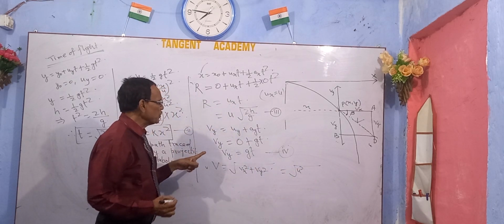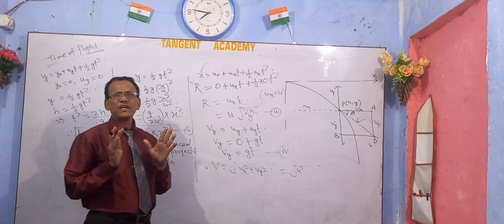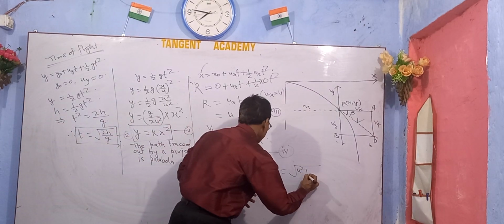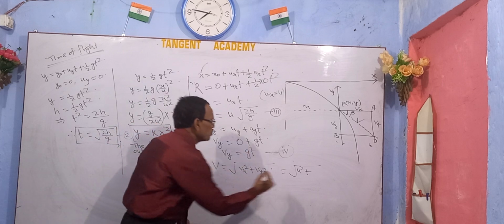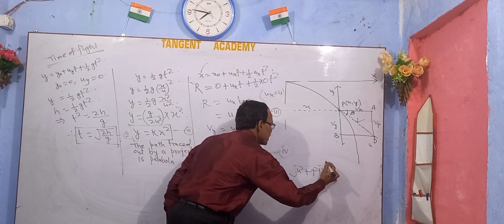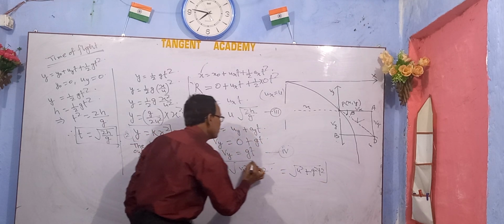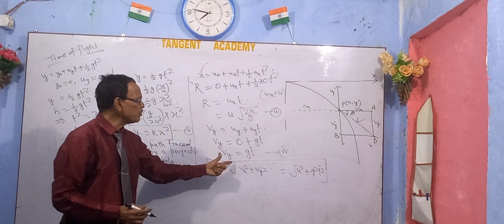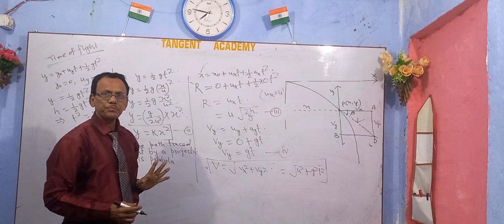Ux is equal to U, so Vx is equal to U. So V is equal to under root U square plus g square t square. This relation will give you the velocity of the projectile at any moment, at any position.